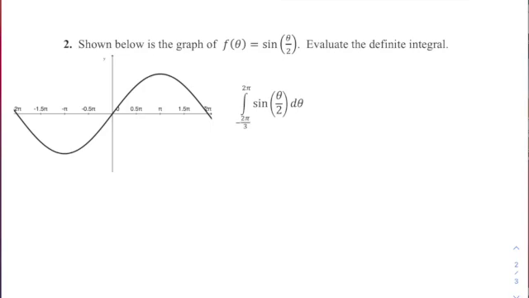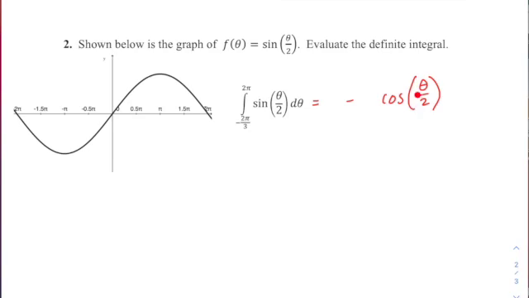So first things first, remember we integrate sine of theta over 2. And so the antiderivative of sine is negative cosine. So we've got negative cosine of theta over 2. But remember with theta over 2 on the inside, there's a little chain rule that would need to be accounted for.